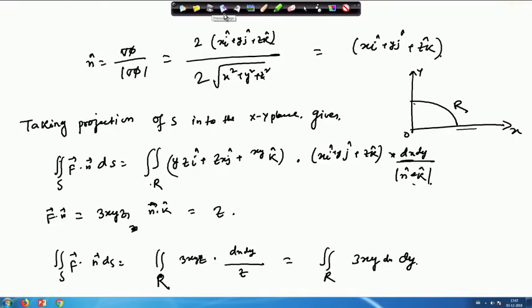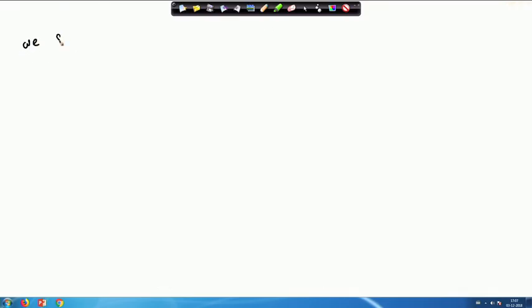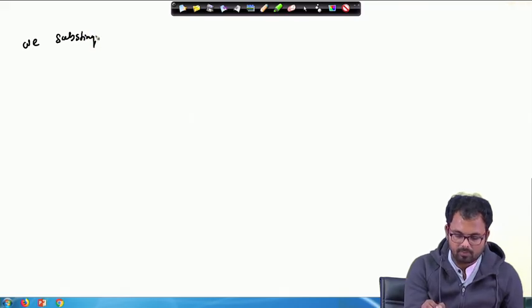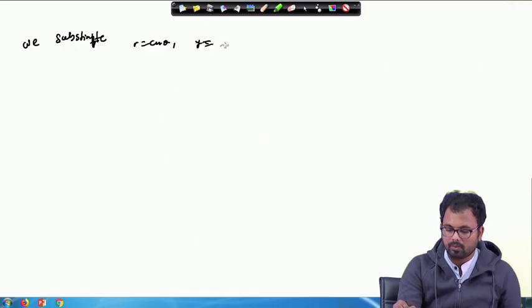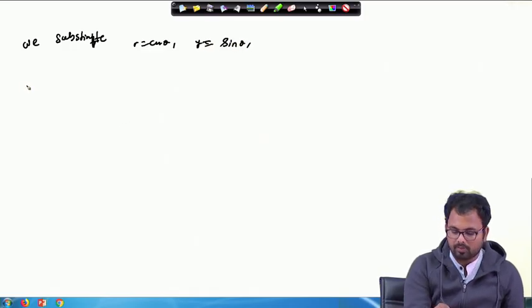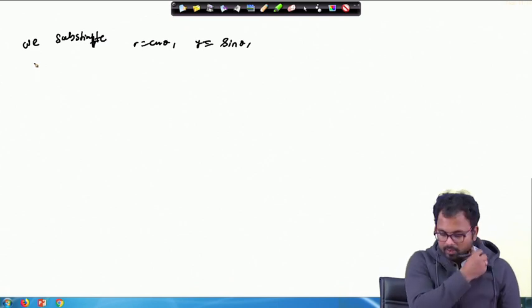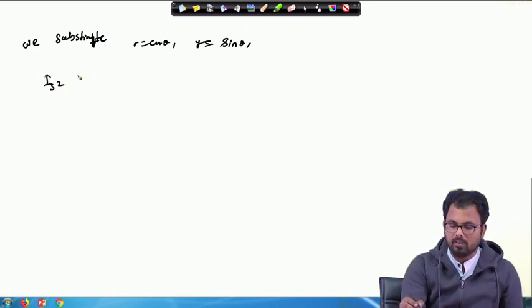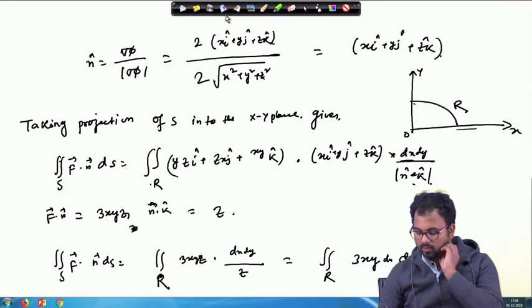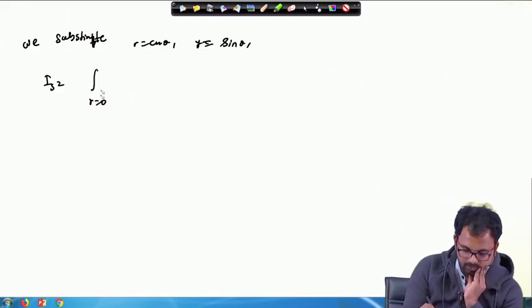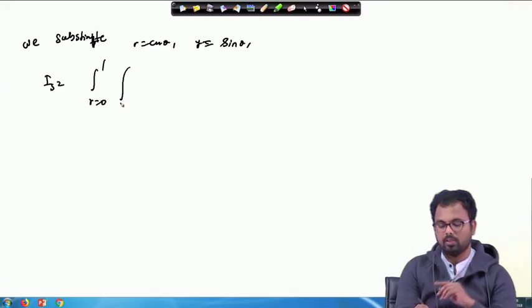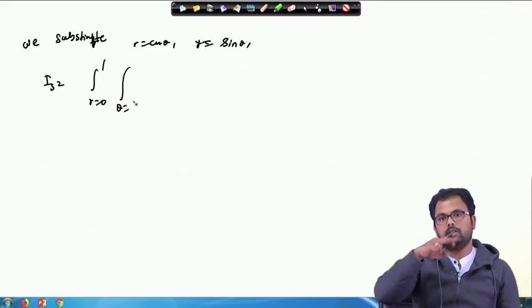So, we substitute x equals r cos theta, y equals r sin theta, and therefore the required surface integral, let us call it I_S, equals, I have r running from 0 to 1, because it is of unit radius, and since we are in the first octant, theta in the first quadrant will run from 0 to pi by 2.